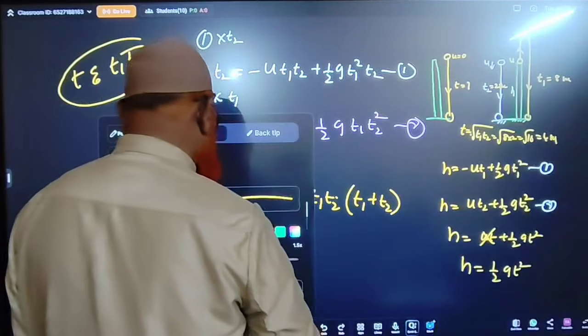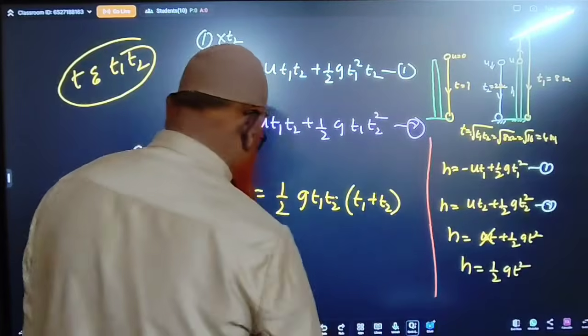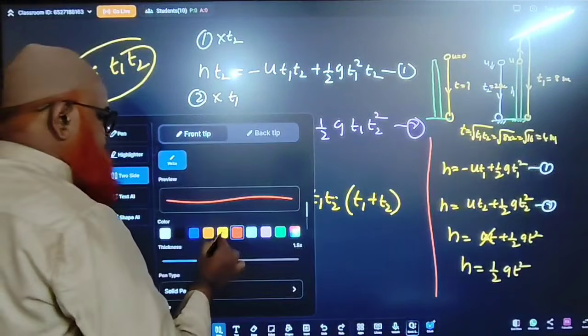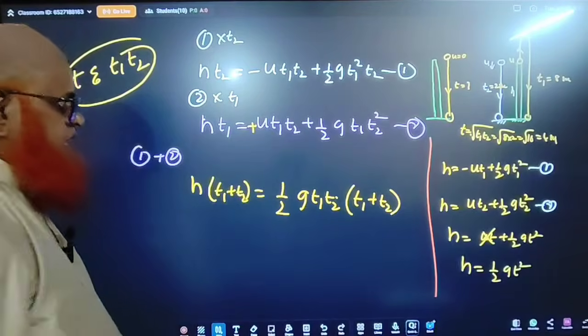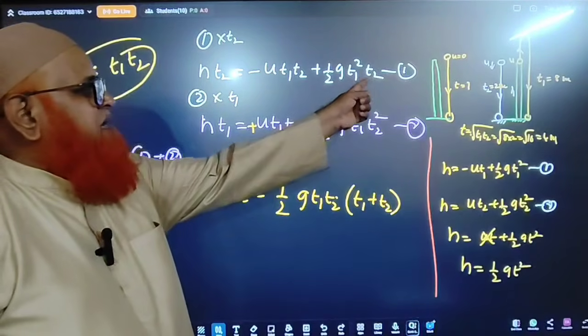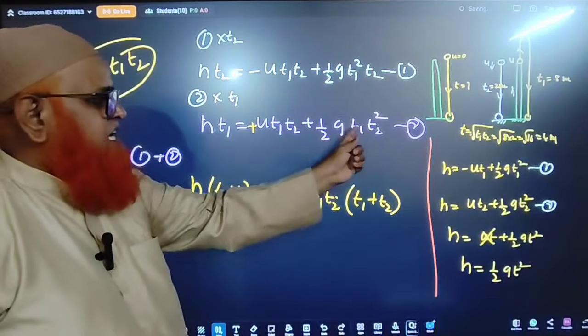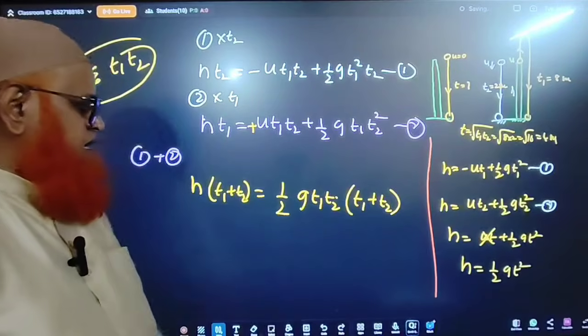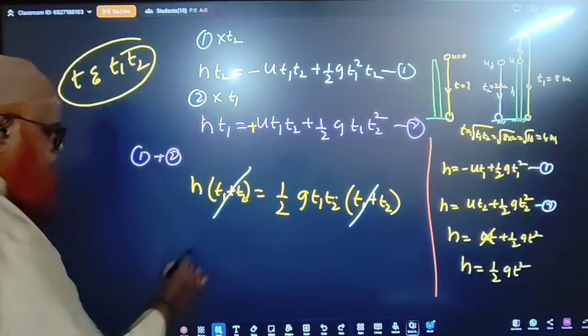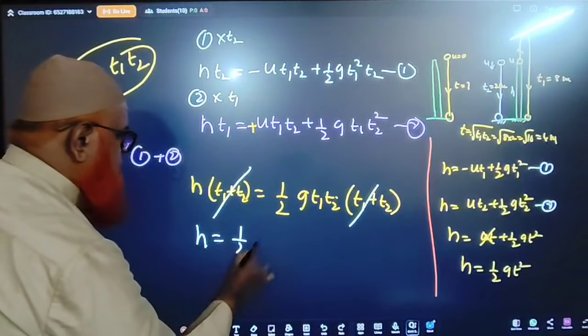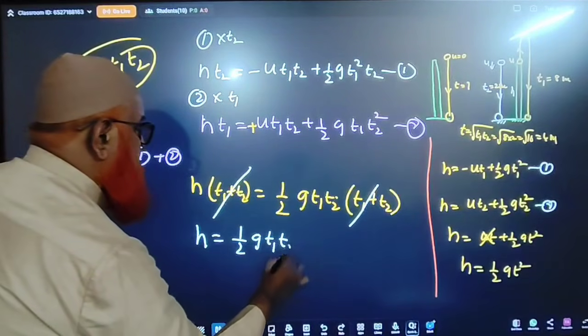Go through the equations I am explaining here. So what I am getting is h is equal to half g t1 t2.